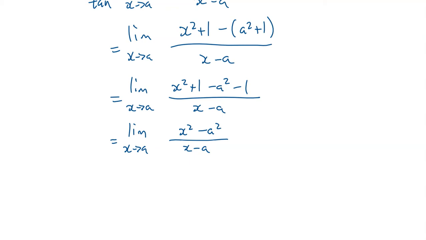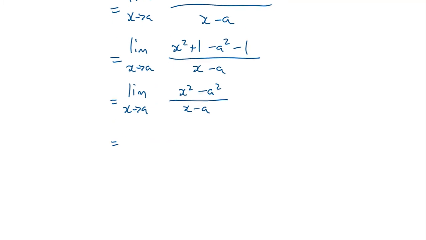Now what do I do? Not common. Difference of squares, right? But factor is the important part. So again, this was a polynomial, so you are always going to factor at this point.